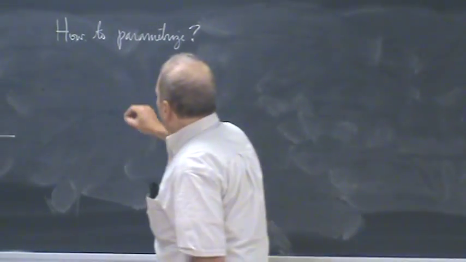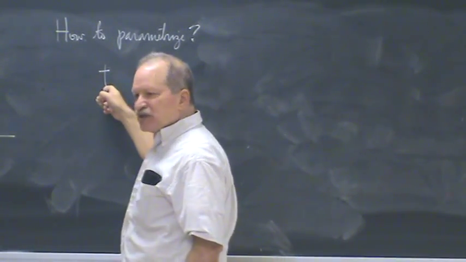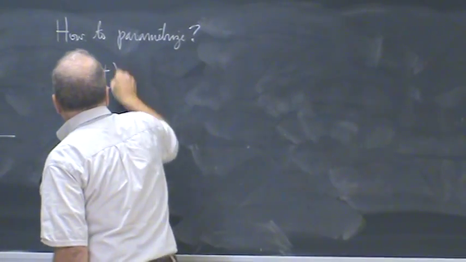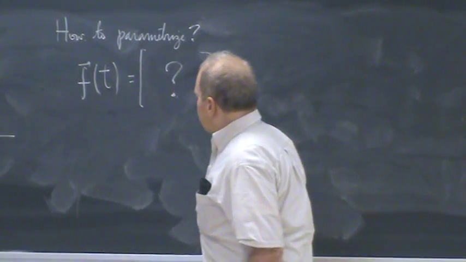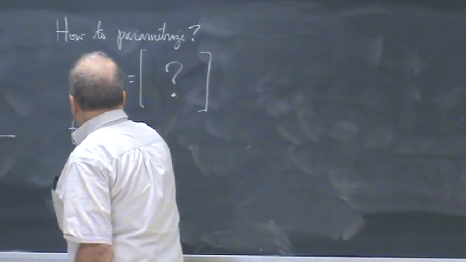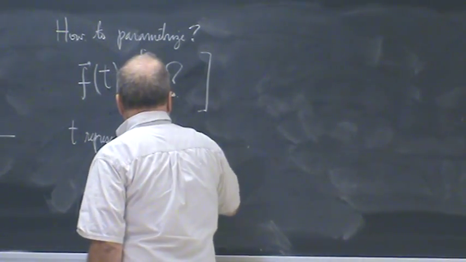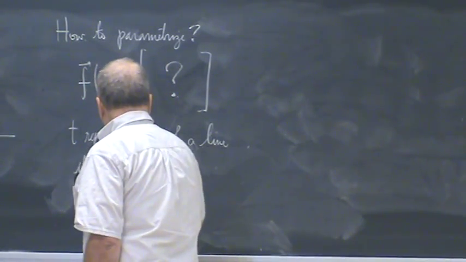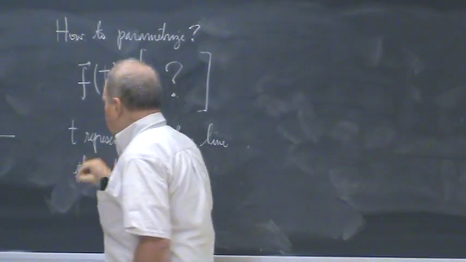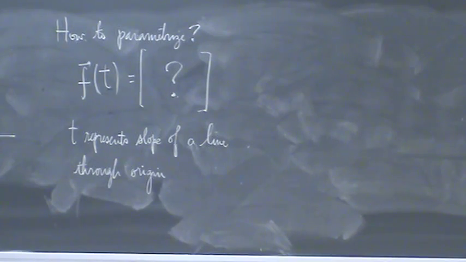I want to write f of t again, and t, I'm going to tell you, represents the slope of a line through the origin. In some of the homework you're doing, there are problems where it tells you specifically, let t be this thing in the picture, or let t be the angle through which something has turned.